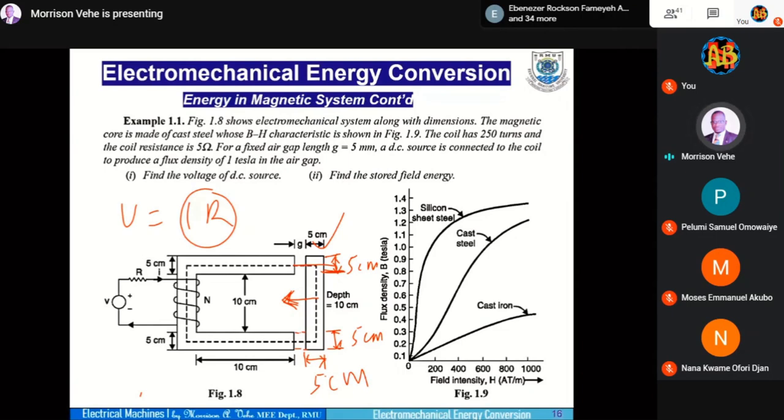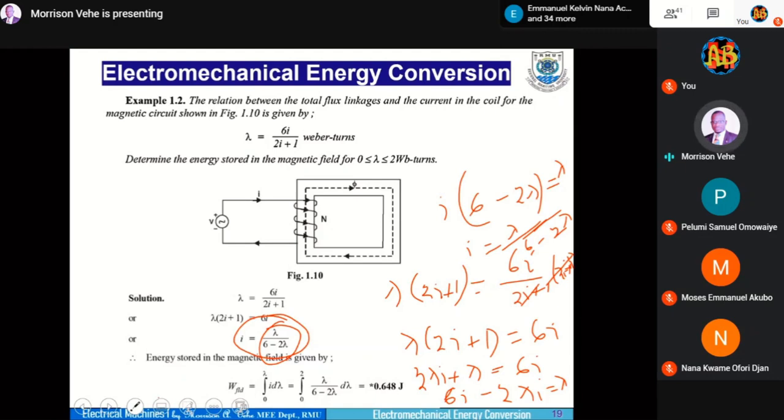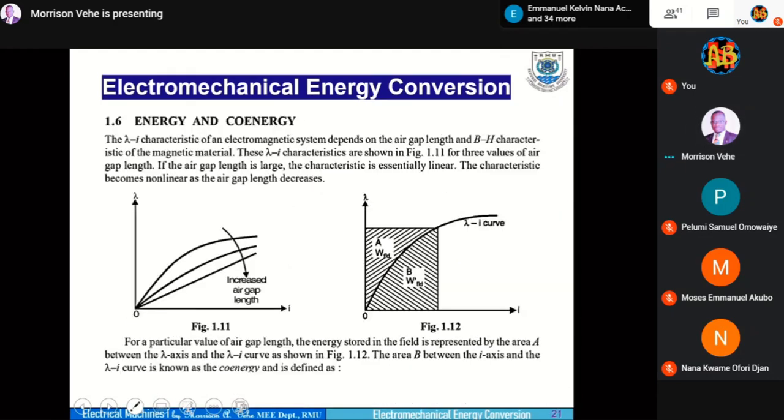Okay, so let's just continue. We're looking at a linearity issue. If the air gap length is large, the characteristic is essentially linear.